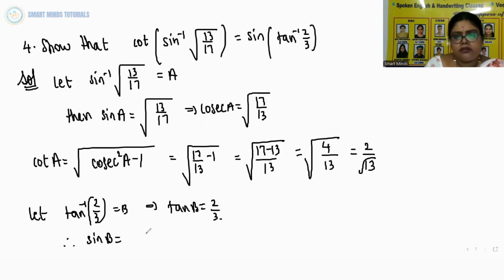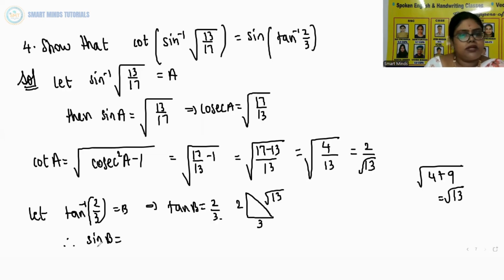See, tan B is 2 by 3, then tan is opposite by adjacent. So this is 2 and this is 3. So the hypotenuse will be root over 2 square plus 3 square. So that is root 13. So we get this as root 13. So what is sin B? Sin is opposite by hypotenuse. So opposite is 2 by root 13. This is how we got sin B.